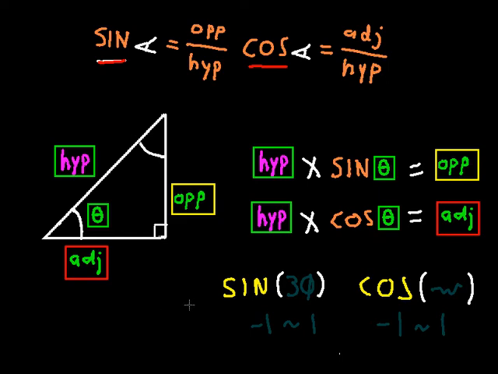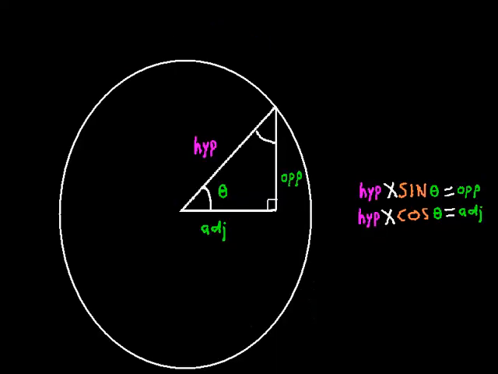It's to do with calculating the x and y coordinates of a point on the circle. Now from this you can see that I've just made the equation smaller down here.